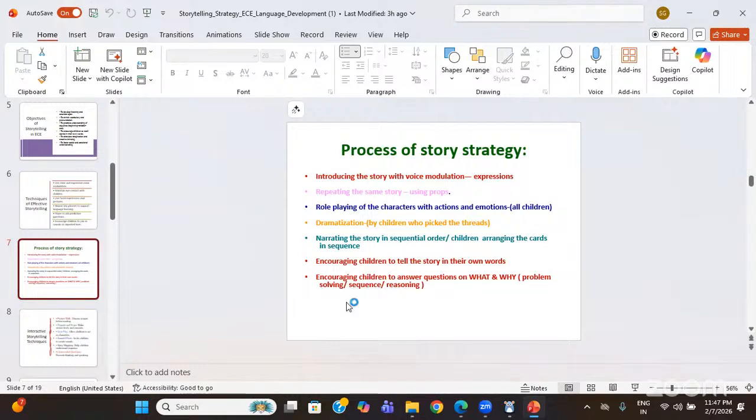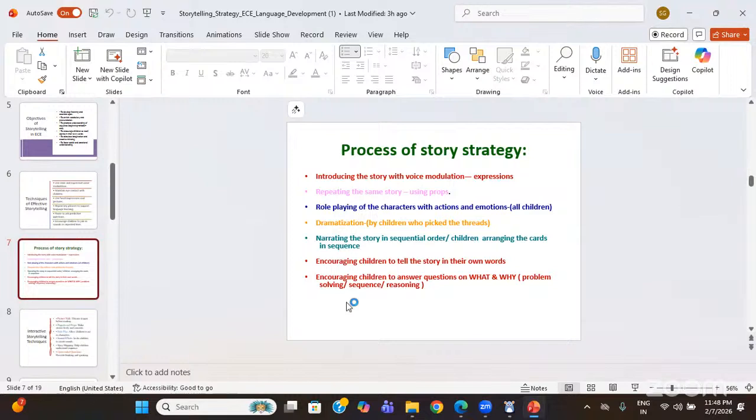Intently listening, vocabulary development. So, in this little chick story, you learn so many words. Chick, cow, amba, sound of a cow. It went slowly. So all these they will catch and learn beautifully, isn't it? So sequential development they will learn, and then narrating in their own words.